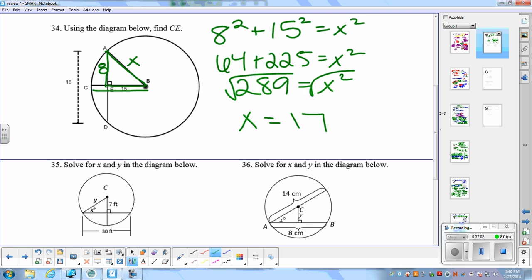Well, CB is a radius. I'm going to outline this in red. CB is a radius. So since CB has to be 17, and it's CE plus 15, that means CE would have to be 2, because I only need 2 more units to make my 17 unit radius.